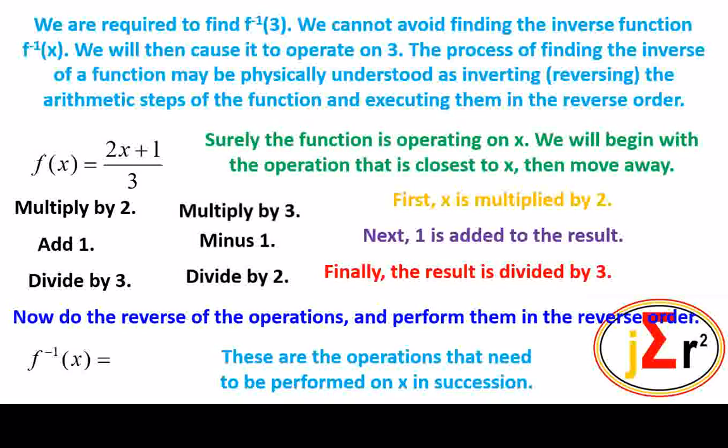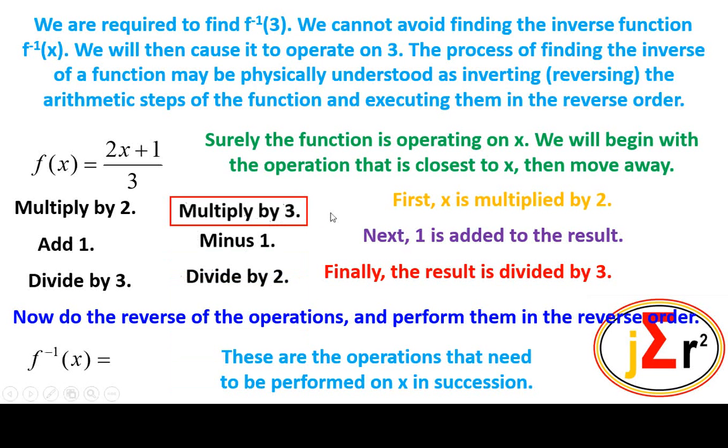These are the operations that need to be performed on x in succession. We know all of the operations that we need to perform on x in order to have the inverse function, f inverse. Let's go.